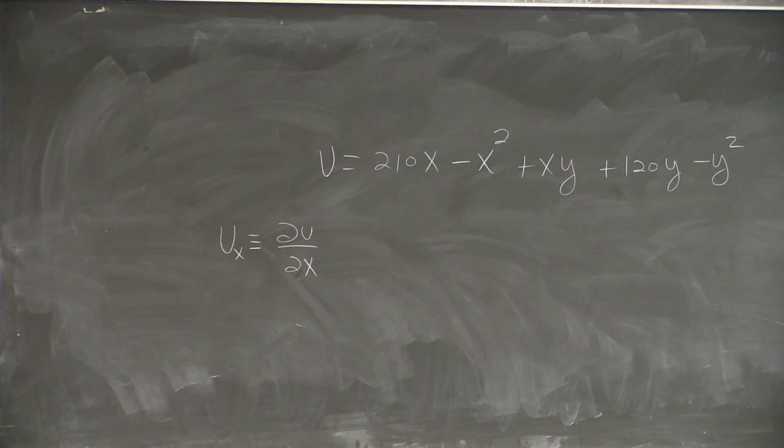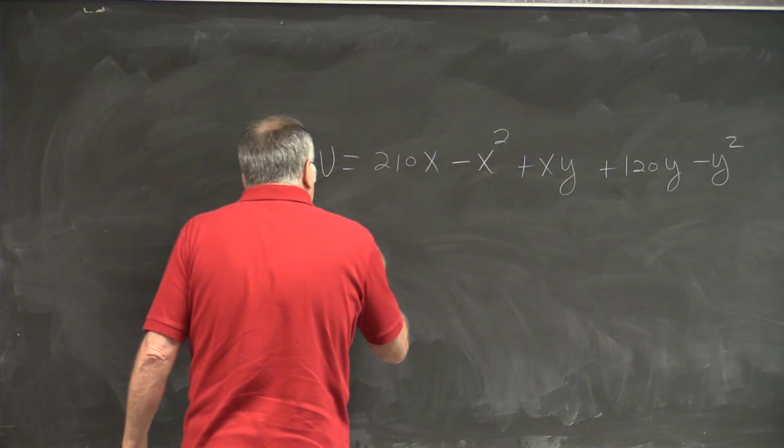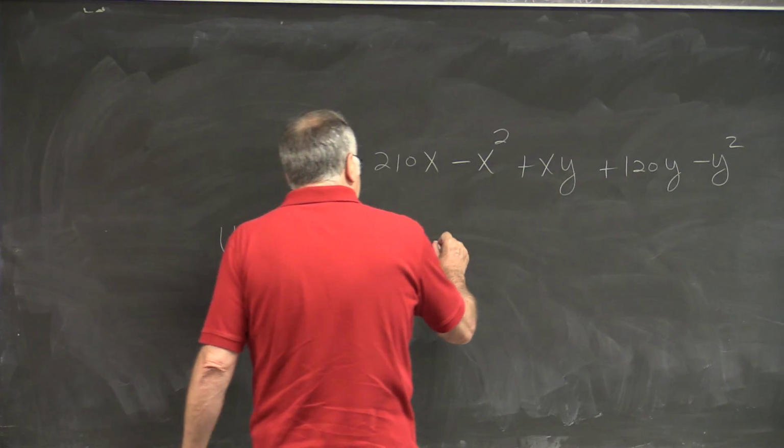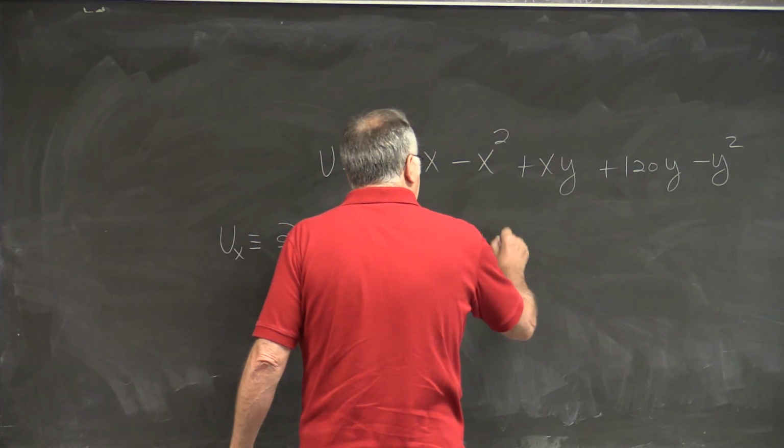The marginal utility of good x, which would be the verbal interpretation, the additional utility you would get, roughly speaking, from consuming one more unit of good x. The derivative of utility with respect to x is simple, and mathematically it's easy to get. It's just 210 minus 2x plus y.